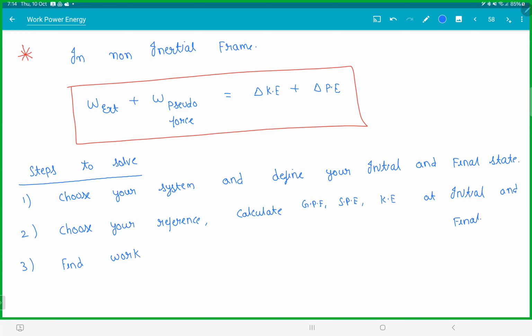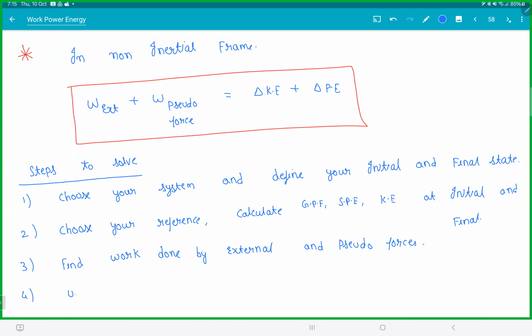If you want to solve in a non-inertial frame, you will see later on. Sometimes it is convenient, so they include pseudo force. Work done by external and pseudo forces. So what is SPE? Spring potential energy, right?